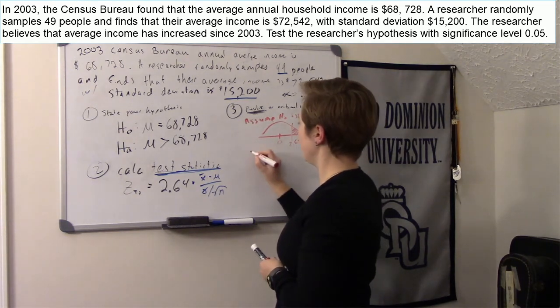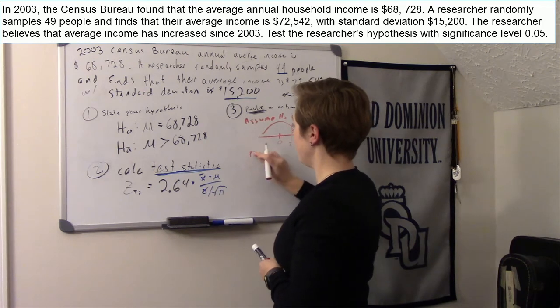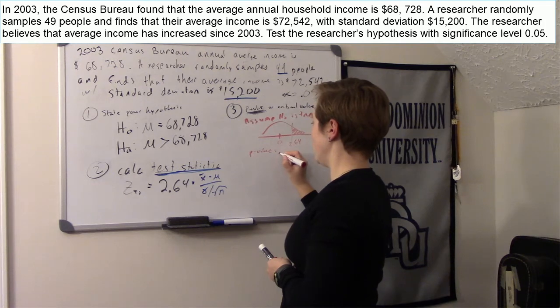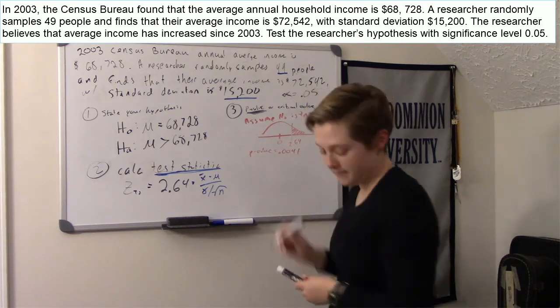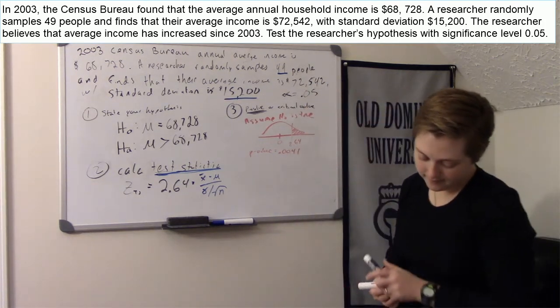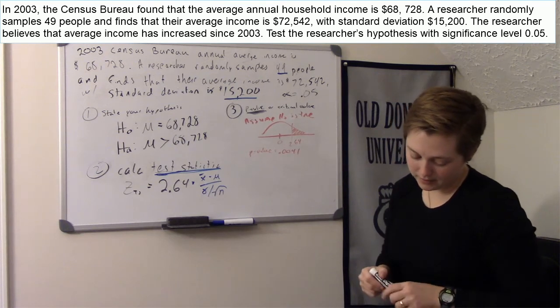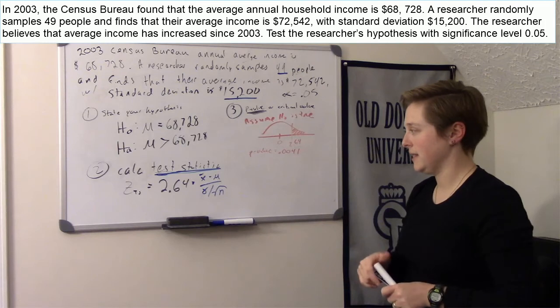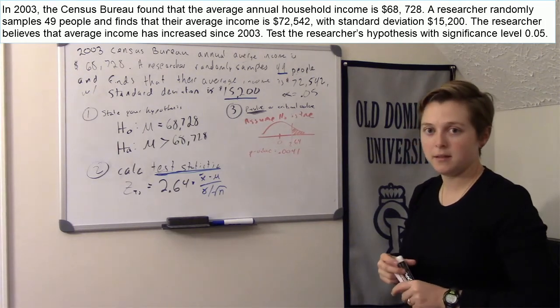This area, the p-value, equals 0.0041. Alright. So that's doing p-values, right? Like I said, we'll come back and explain this process again using critical values in a minute.